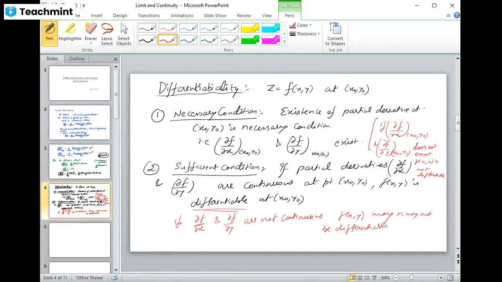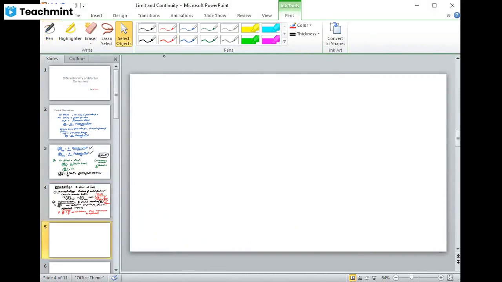So basically we need to come up with one condition with the help of which we can directly conclude that your function is differentiable or not. So what is that condition? This is the necessary and sufficient condition.